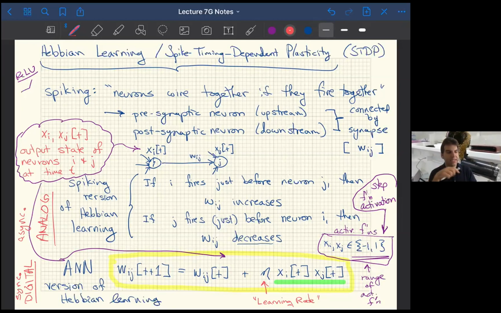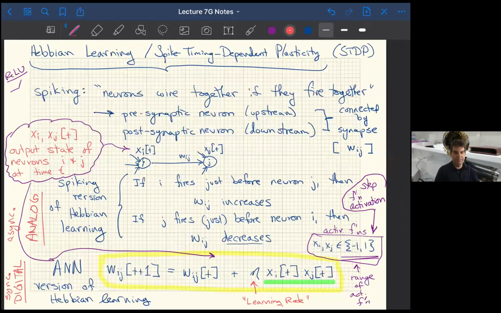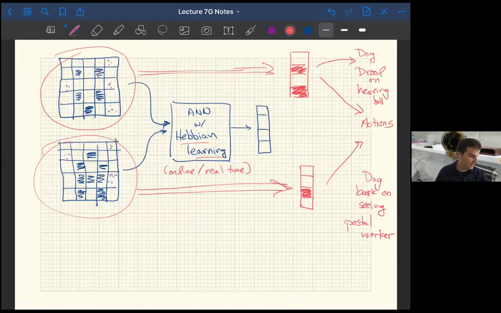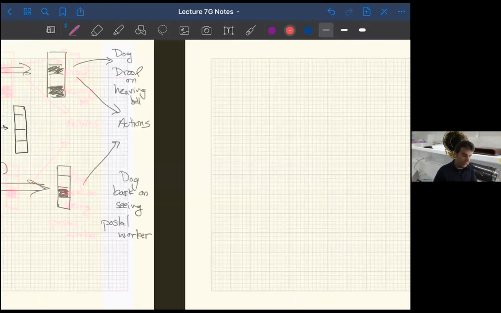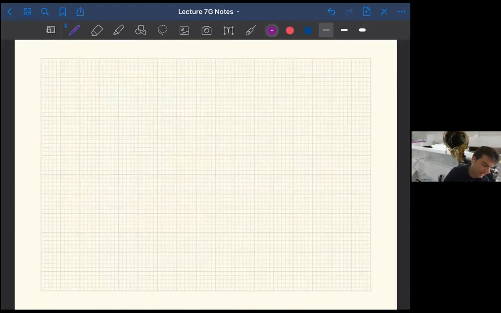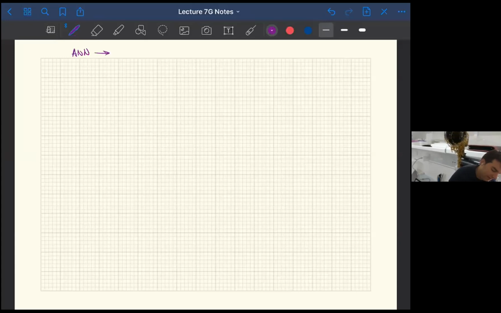This is just an intro to Hebbian learning for neural networks. Certainly it could get much more complicated. All right, but just bridging the subject here. Neural networks have moved through stages. Initially you had artificial neural networks with Boolean activation functions. This is the first generation of neural networks.